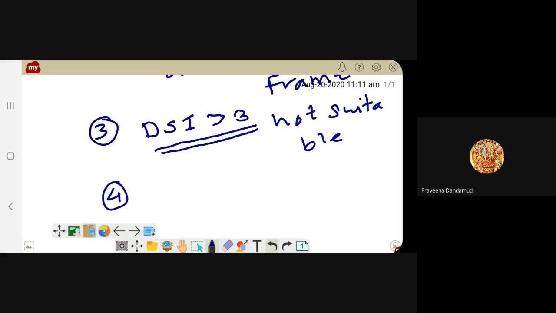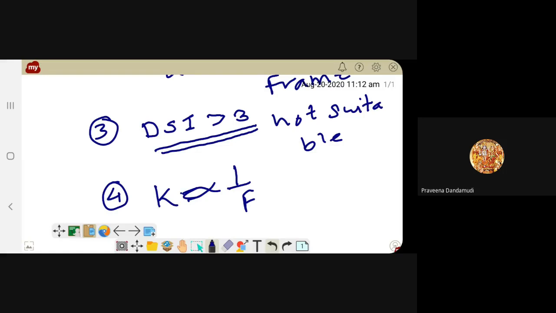Then it is exactly inversely proportional. It is inversely proportional to K, or the K matrix, that is called the stiffness matrix.